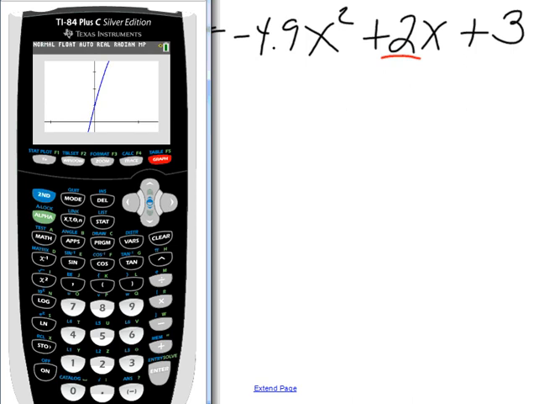Okay, it's going off my screen now. What do I do? What button fixes that? Zoom 6 might do it. Let me try that. Zoom 6. It might still be... Oh, that worked. Cool.